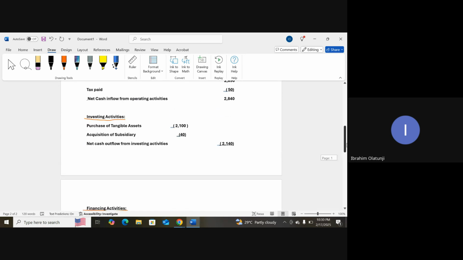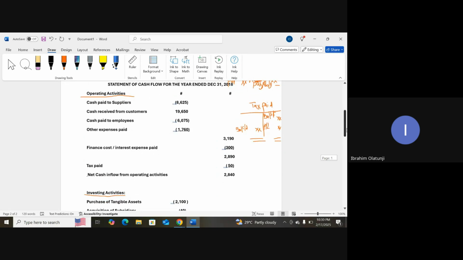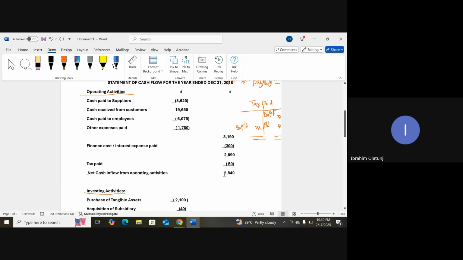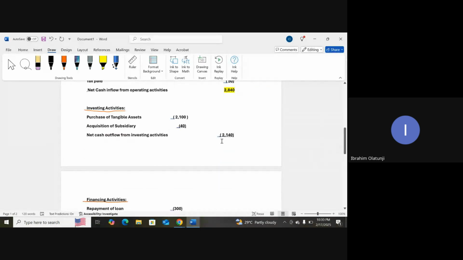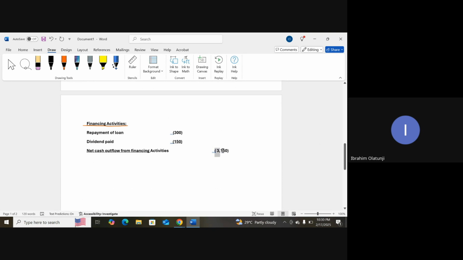So then you cannot cast from the beginning, from operating, followed by investing, and followed by financing.